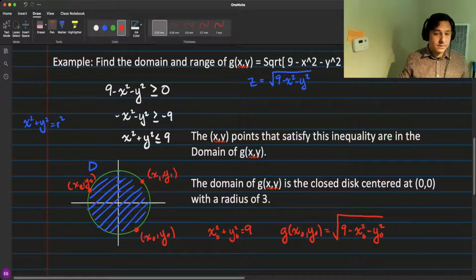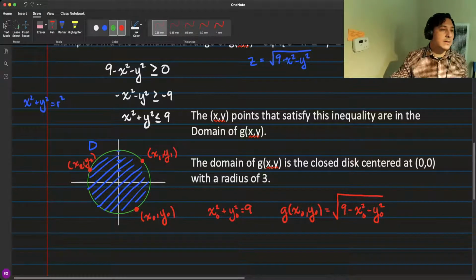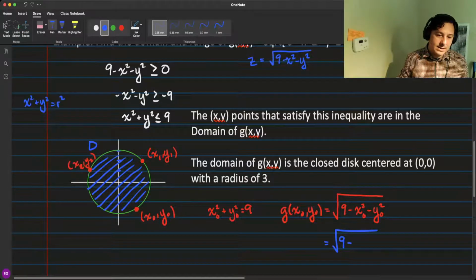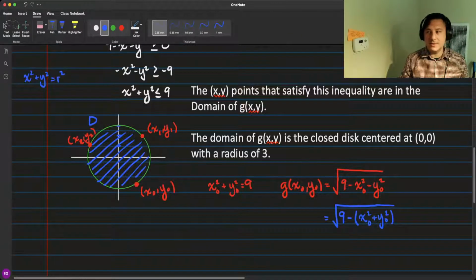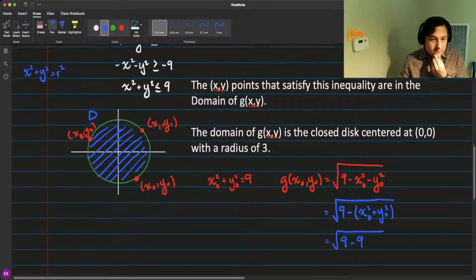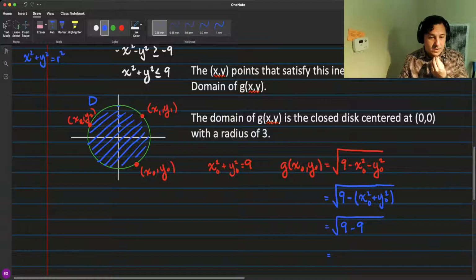Now I can factor out a negative from both of them, which gives me 9 minus, factoring out the minus, x naught squared plus y naught squared. And x naught squared plus y naught squared is equal to 9, which means that we get the square root of 0, which is 0.